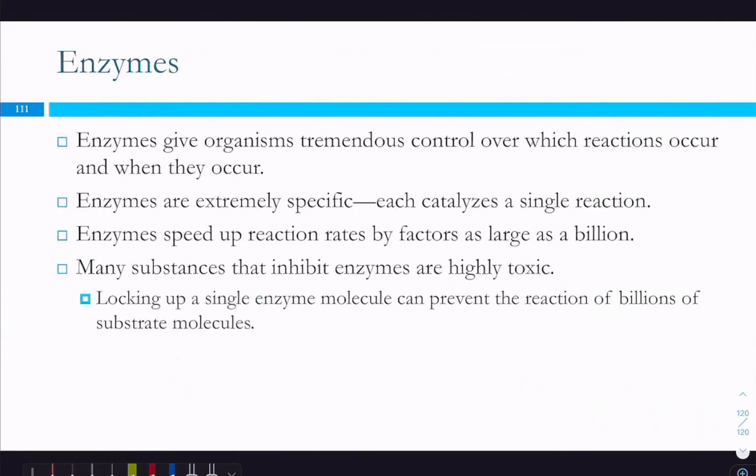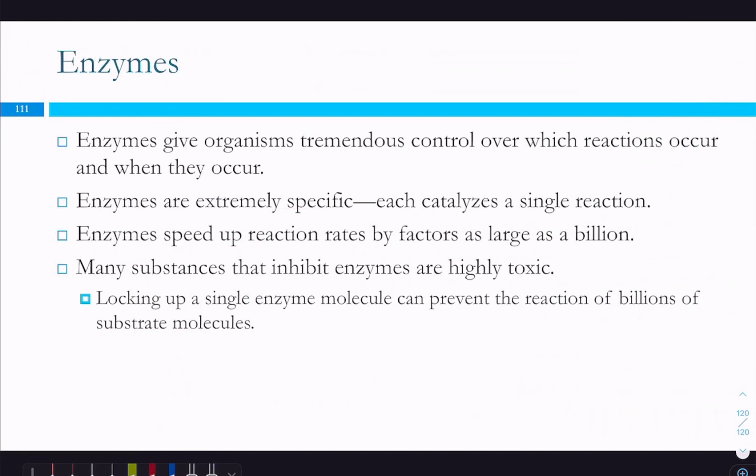So enzymes give organisms tremendous control over which reactions occur and when they occur, how fast, how slow. Like I said, enzymes are extremely specific, and they each catalyze only a single reaction. So they're all designed to do a single thing. Enzymes speed up reaction rates by factors as large as 1 billion.